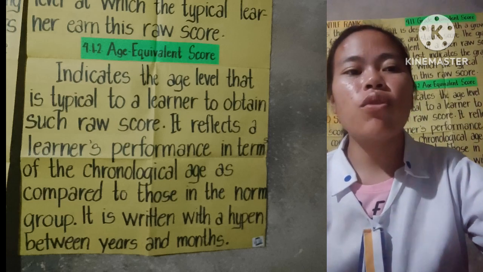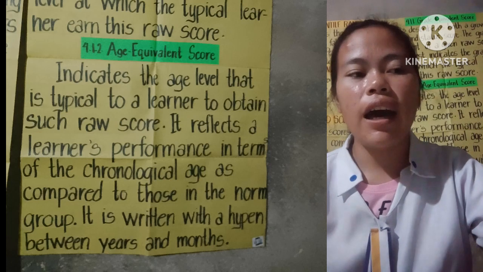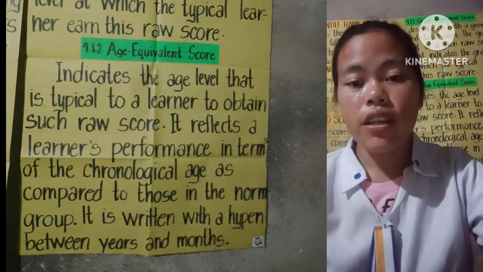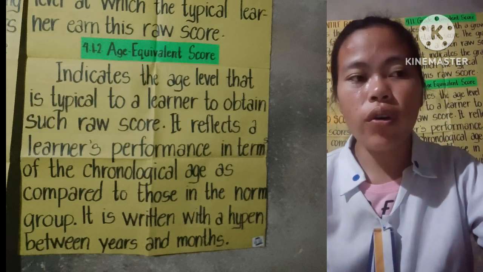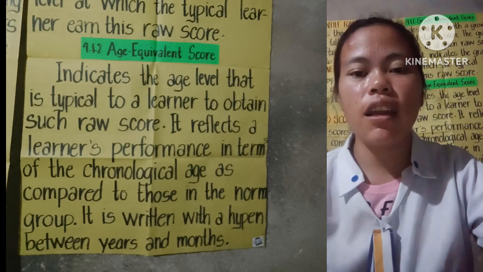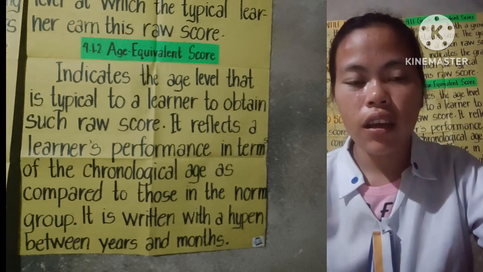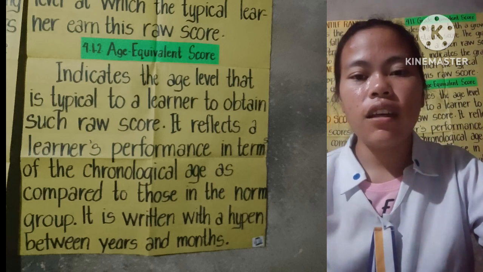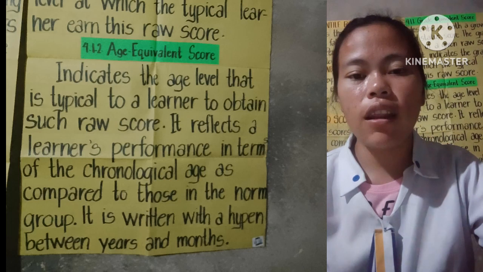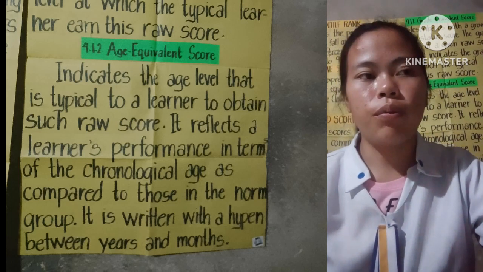Age equivalent scores are written with a hyphen between years and months. For example, a learner's score of 11-5 means that his age equivalent is 11 years and 5 months old, indicating a test performance that is similar to that of 11 and a half years old in the norm group.